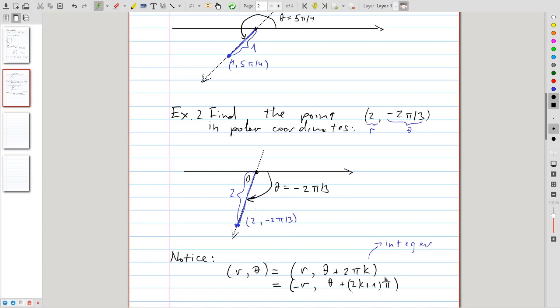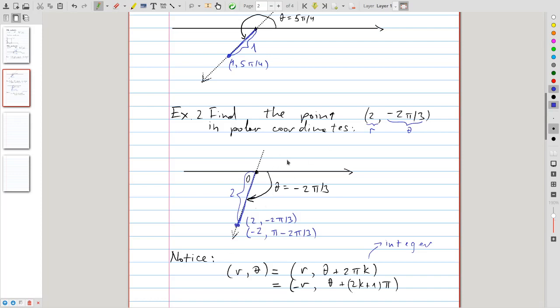So this property here claims that if I reverse the sign of the radius and add pi to the angle, I will end up at exactly the same point. So here I have added pi to the angle and I have negated the radius. Let us check that the point with polar coordinates minus 2, pi minus 2 pi over 3 is at this same location.